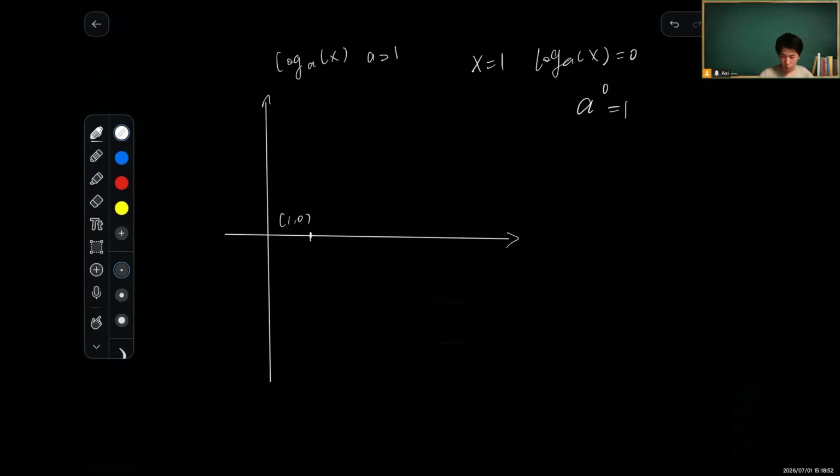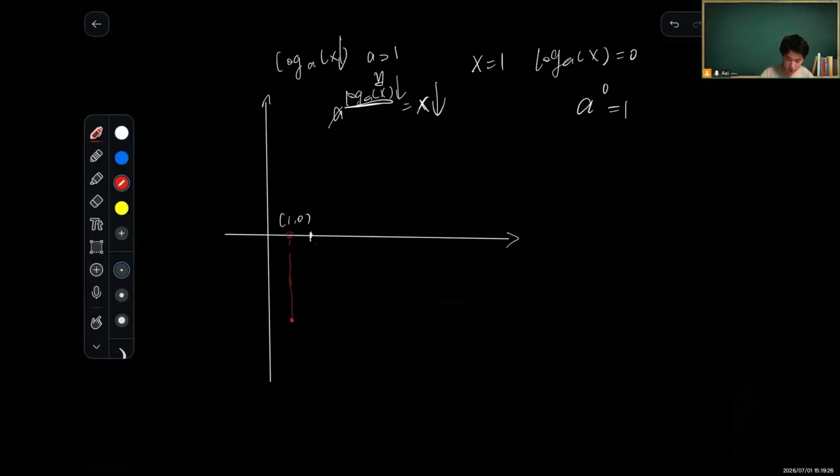After that, we will look at how the graph is growing. Suppose x becomes less. Then, since the definition is log a of x is equal to y, and essentially this is y at the moment, when x decreases, a remains the same, so this thing decreases as well. So for a point between 0 and 1, it's going to be located somewhere down here.